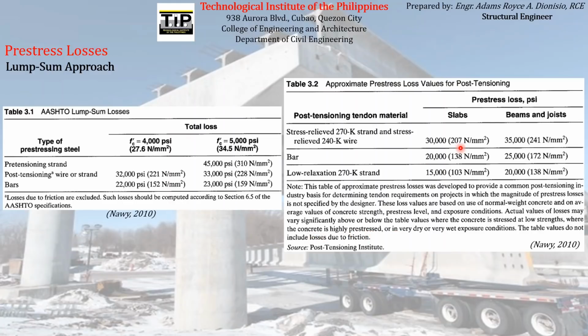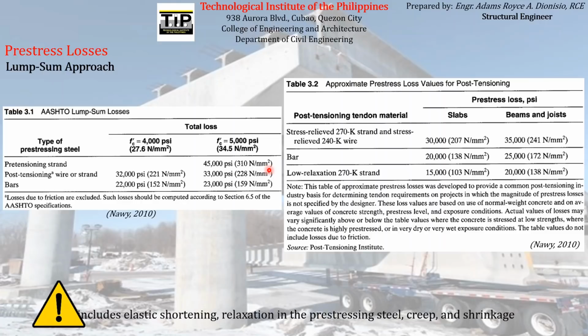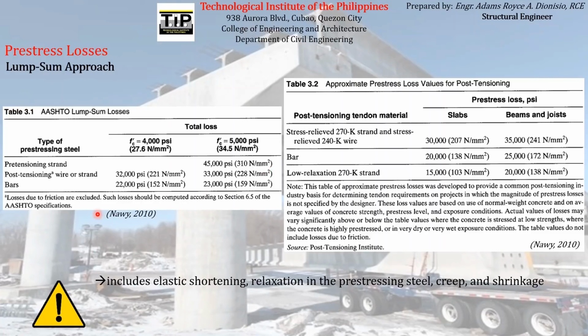So again, if you want to consider losses due to friction, you have to compute them separately. Although these total losses do not include friction, they include pre-stress losses due to elastic shortening, relaxation in the pre-stressing steel, as well as creep and shrinkage. So those are the pre-stress losses considered in estimating these total losses in the lump sum approach.